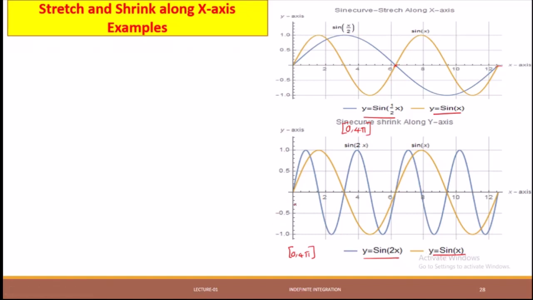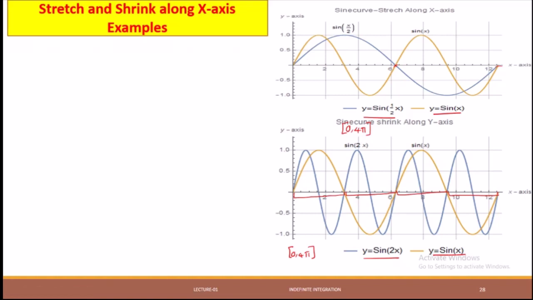Whereas if you look at the graph of sin 2x, this is one cycle, this is another cycle, this is the third cycle, and this is the fourth cycle. That means y is equal to sin 2x has completed 4 cycles.